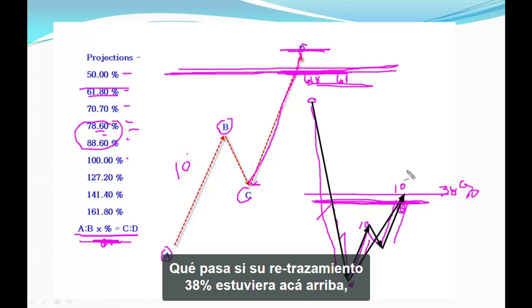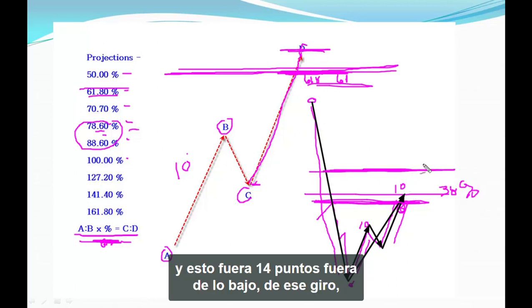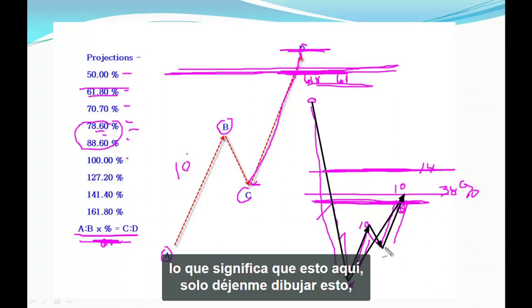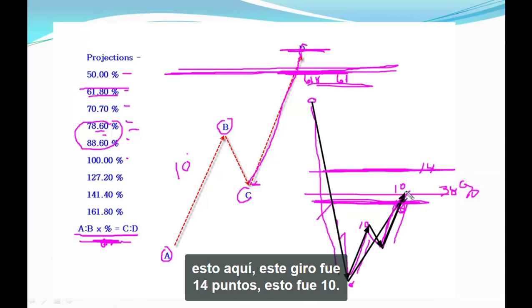Now, what if your 38% retracement was up here and this was 14 points off the low, off that swing? Meaning that this right here, let me just draw this out, this swing was 14 points. This was 10.